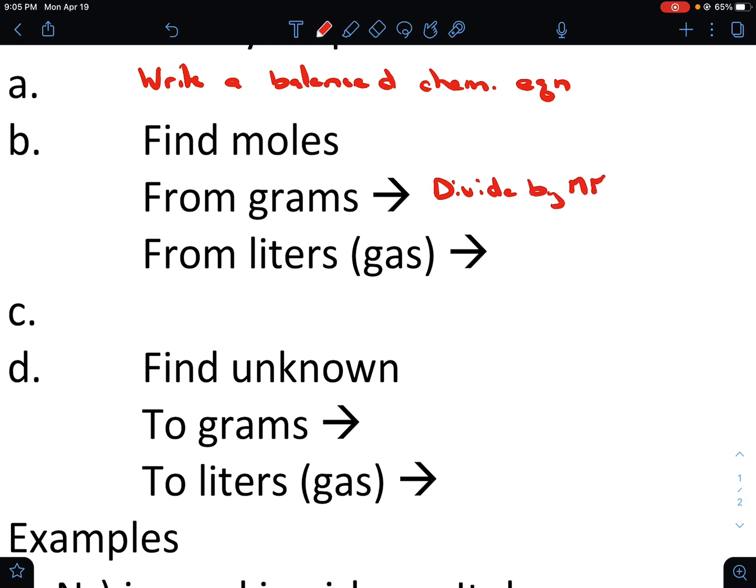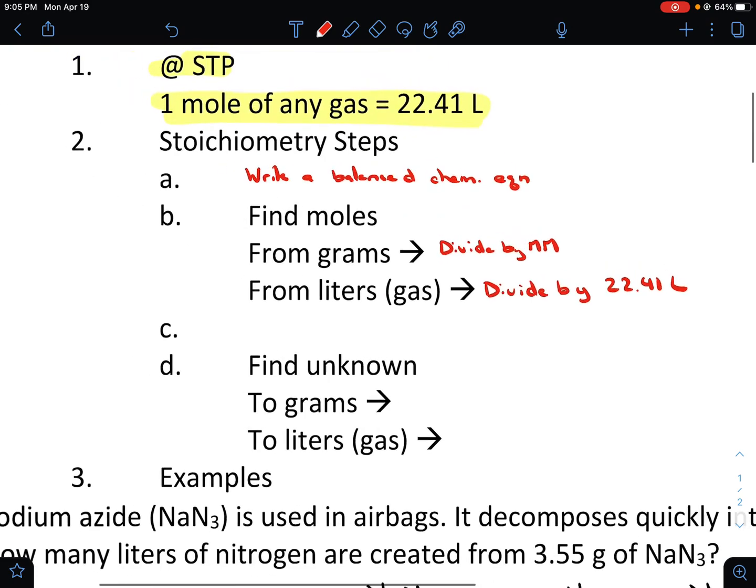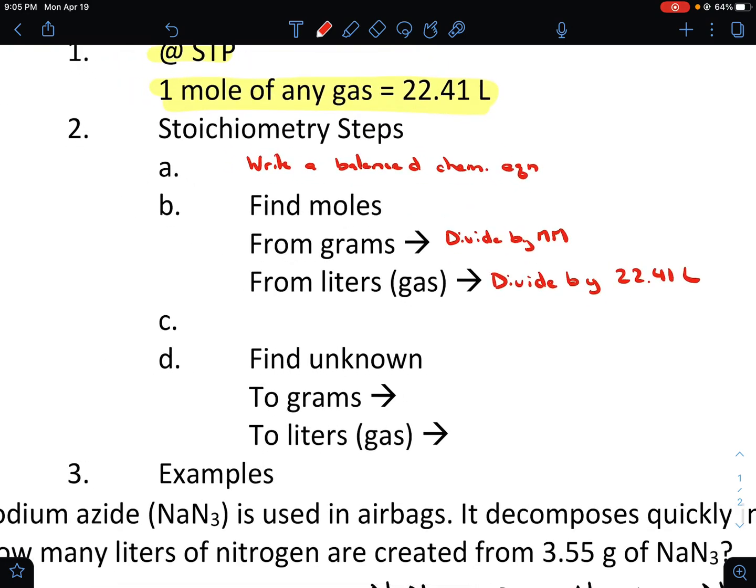But this time we now have a volume of a gas. So this time we could also divide by 22.41 liters, because that'll get us to moles as well because of our equivalent statement above.